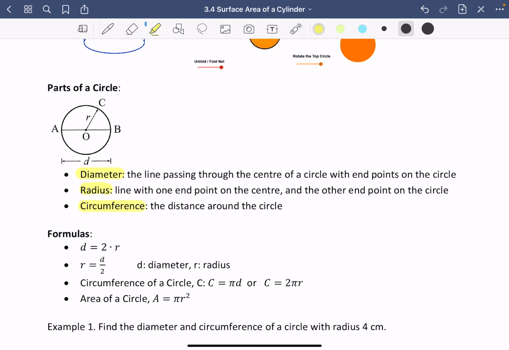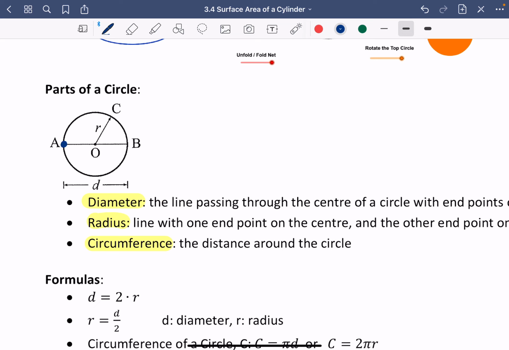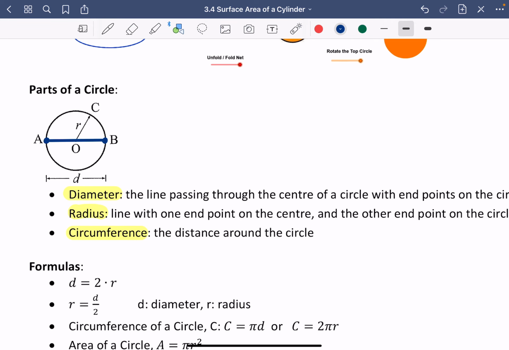Diameter is a line that passes through the center of the circle with 2 endpoints on the circle. So this line here, AB, will be our diameter.